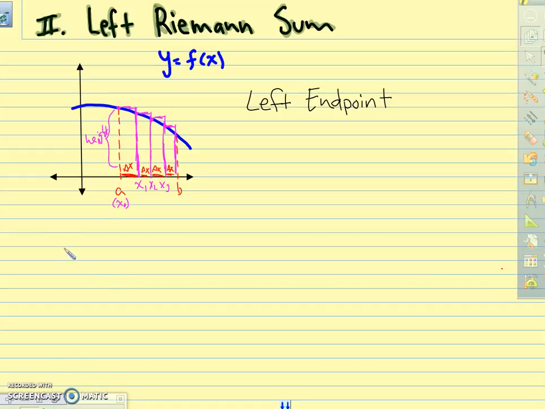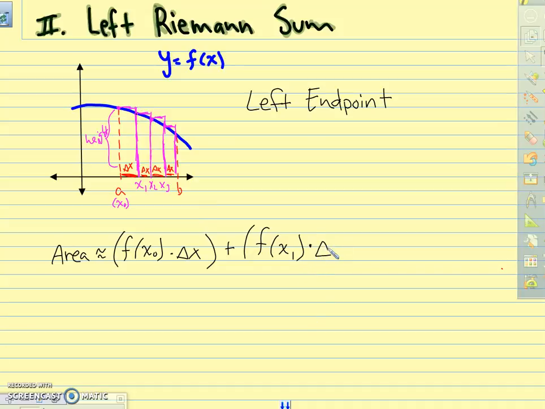So the area in turn comes out to be approximately, now the height for the first rectangle is f of x sub 0 times delta x plus f of x sub 1. So the second rectangle here now has a height of f of x sub 1 times delta x.